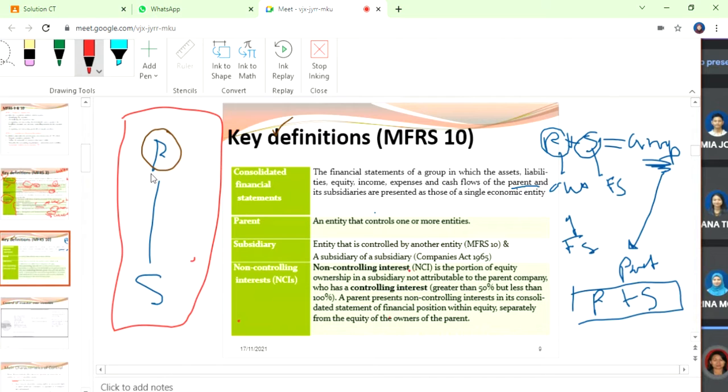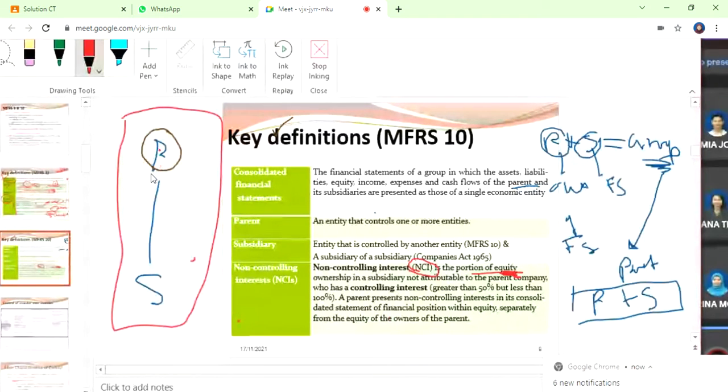Non-controlling interest, so we use the short form, NCI. You're allowed to use the short form. NCI is the portion of equity. You see, they use the word equity, not portion of liability. It's the portion of equity ownership in the subsidiary that is not attributable to the parent company.